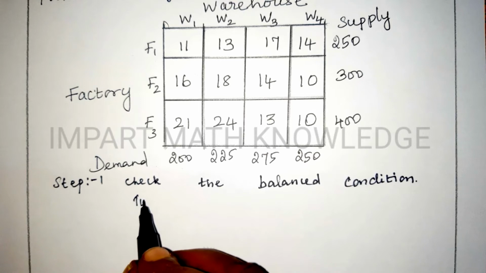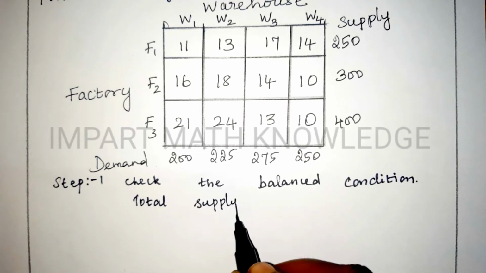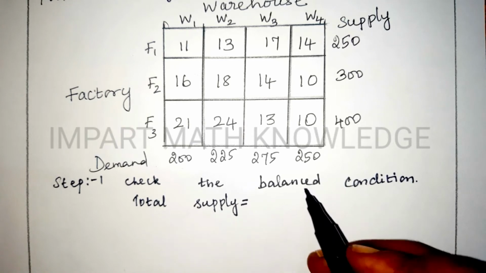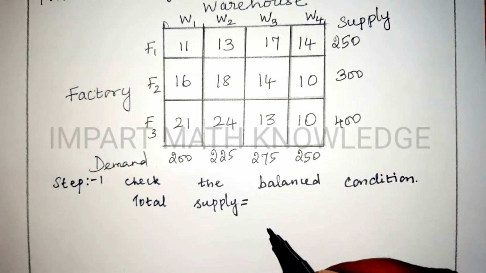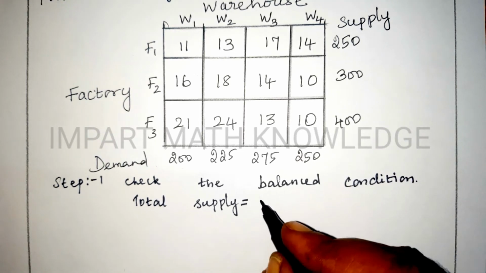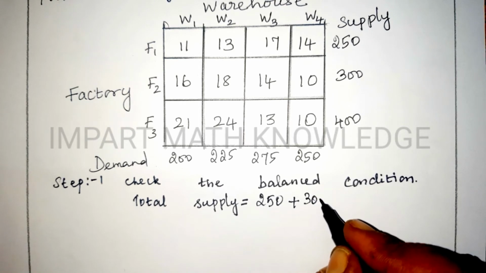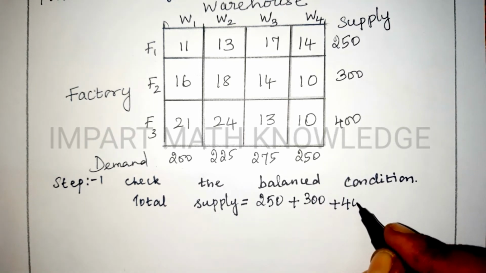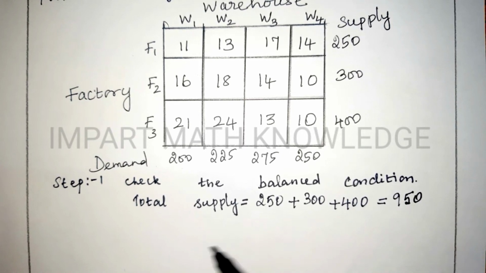Total supply is equal to 250 plus 300 plus 400. This is equal to 950.